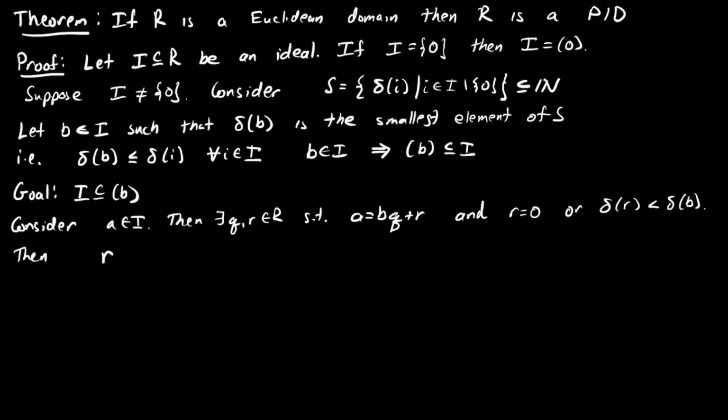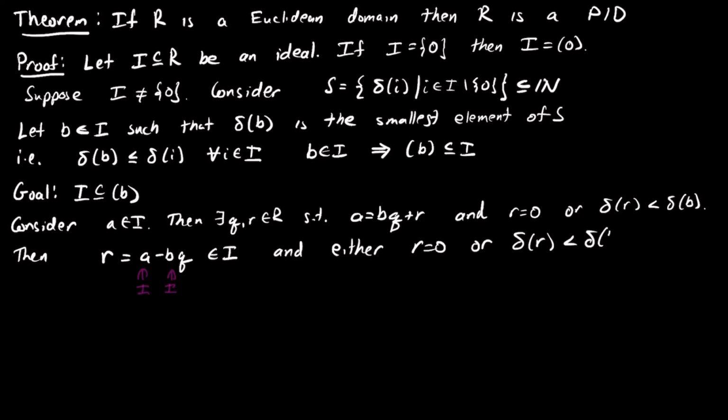Then the element r, which I can now write as a minus bq, let's think about this. I know that a is an element of I. I know that bq, well, b is an element of I, so bq has to be an element of I. So I have that r is an element of I, and either r is equal to 0 or delta of r is less than delta of b.